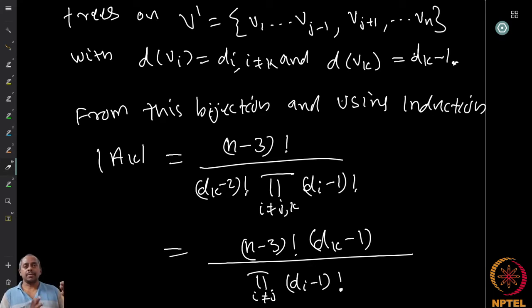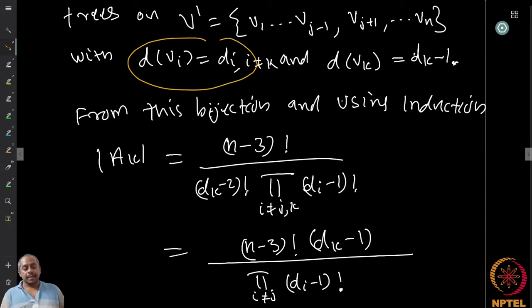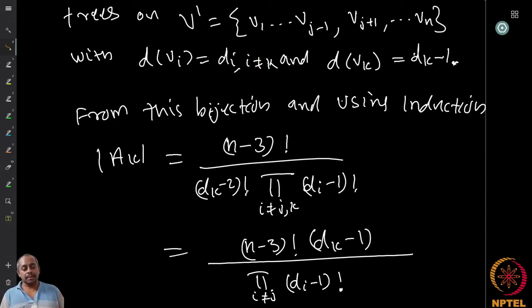So for i not equal to k, the degree of Vi is equal to di. Now, what happens to the degree of Vk? It changes by exactly 1. It reduces by 1 because we just removed one of its neighbors, so it is going to be dk minus 1.